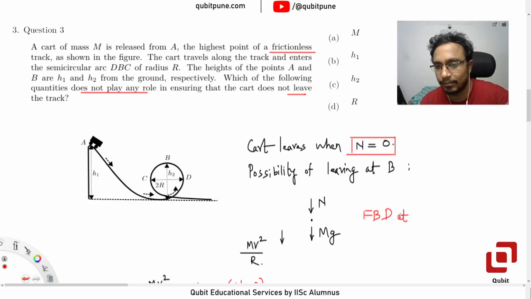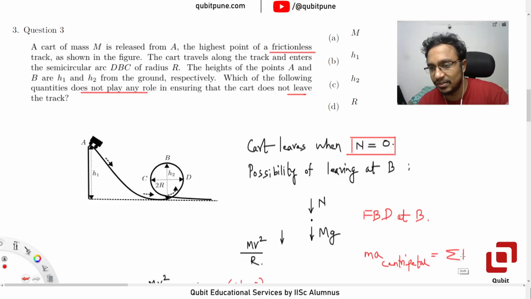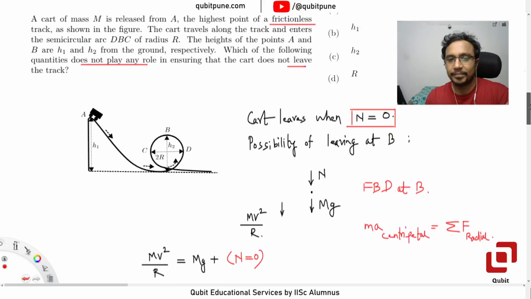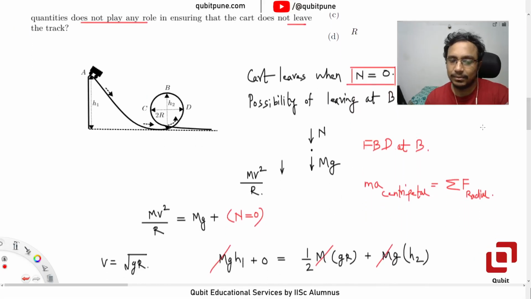At the top, I knew two forces will act if it completes the loop at B. I equated it with the expression for the centripetal force, that's Newton's second law: mass into a centripetal is the summation of forces acting along the radial direction. Correct? So I did that with N equal to 0.